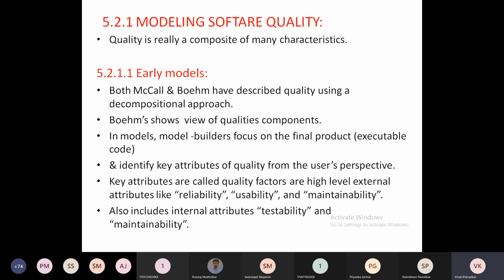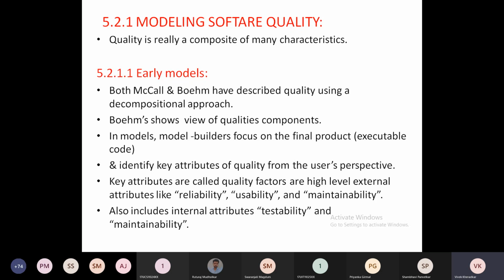Next, what are the models used for? We actually go with the measurement of software quality. What models are available for software quality? Because in reality, software quality is really a composite of many characteristics. Quality is not a direct measurement; it depends on many composite characteristics.